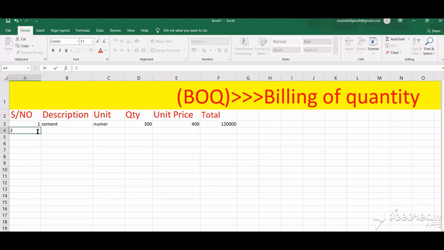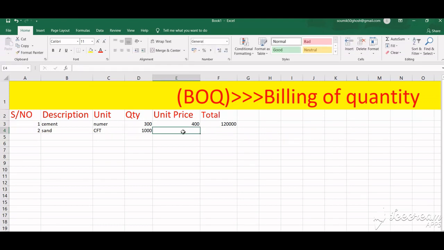Serial number 2, I just put 2 here. And description, I put sand. Unit is CFT. Quantity is 1000.